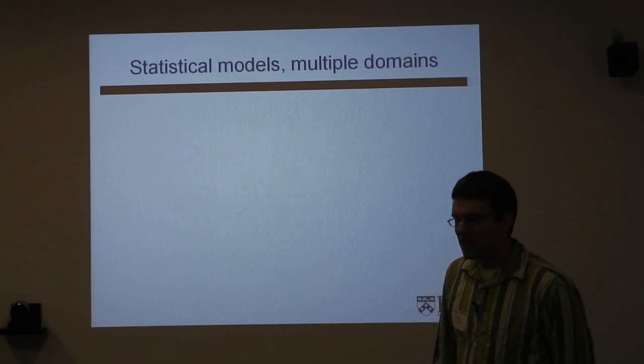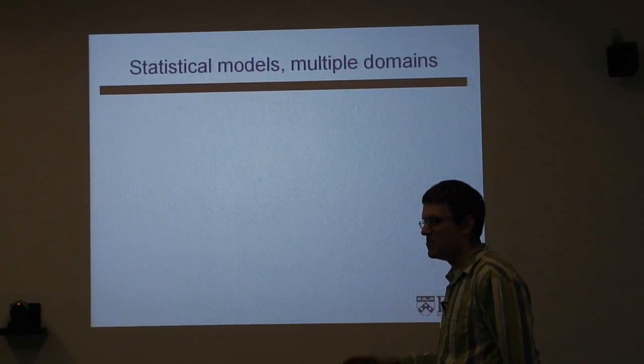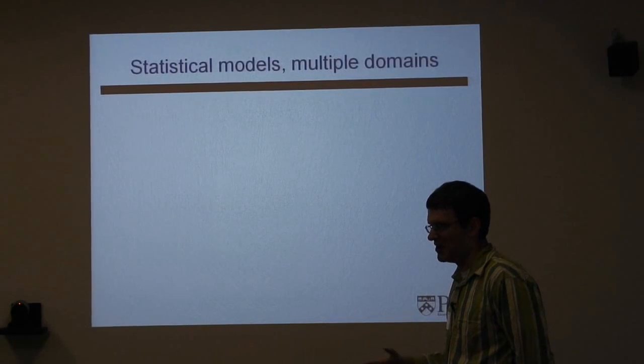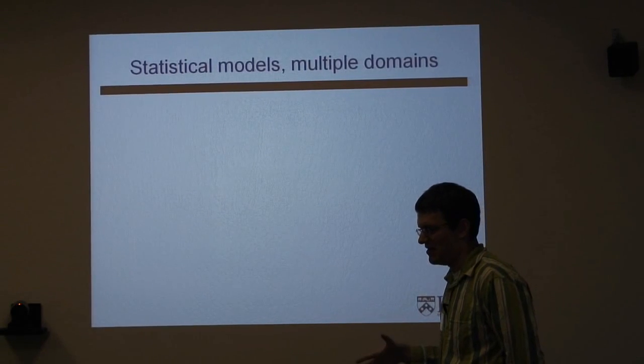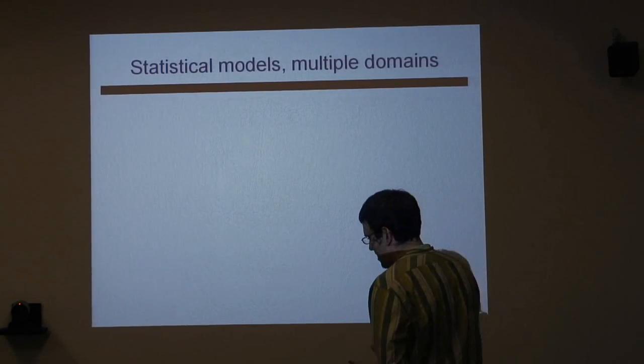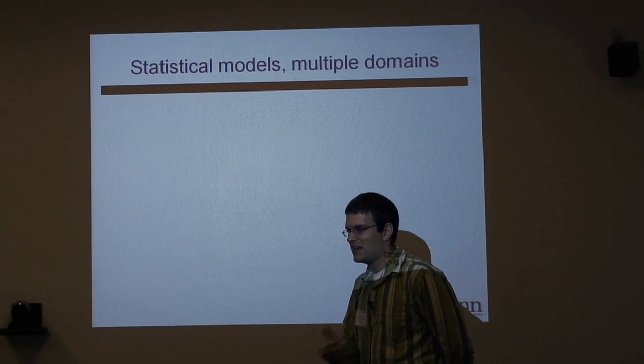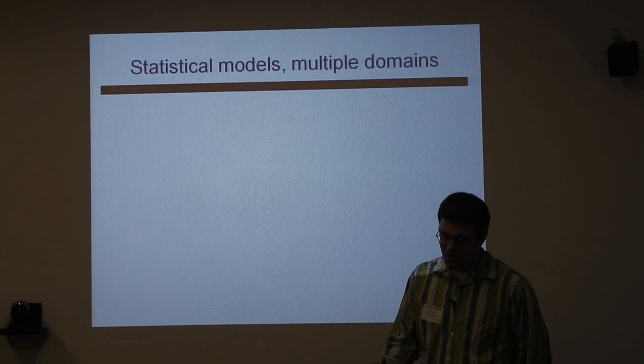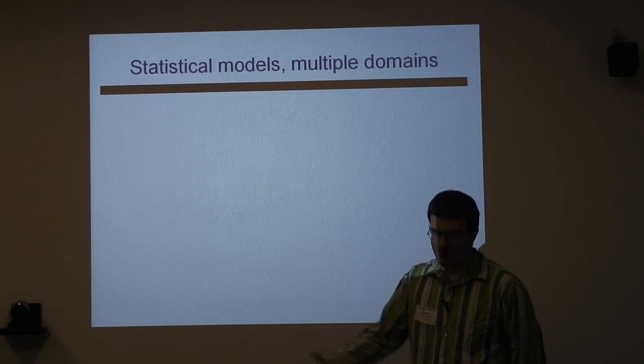The problem I'm going to talk about is hopefully one that anyone who's ever worked with statistical models has encountered in some form or another. You train a model in the lab with the data you have, you test it out, it looks pretty good, and then when you go to apply it in the real world, it's just terrible.